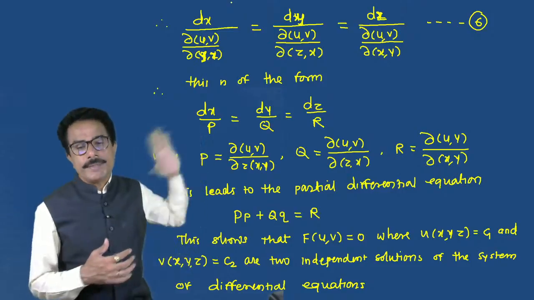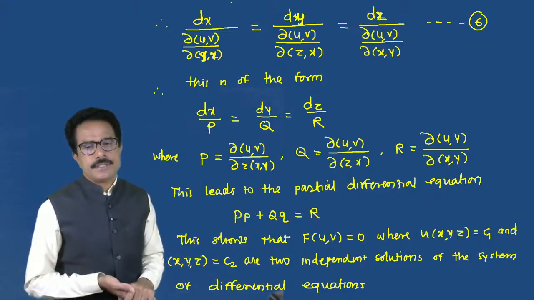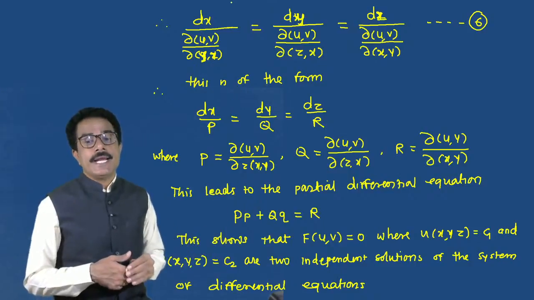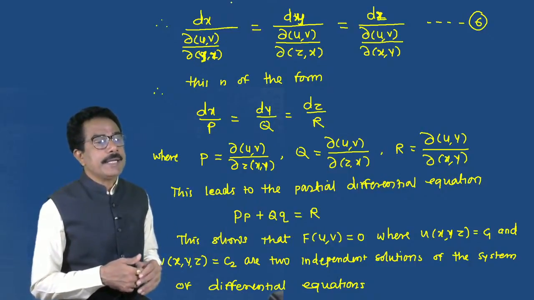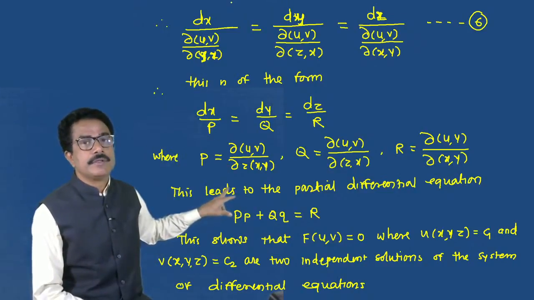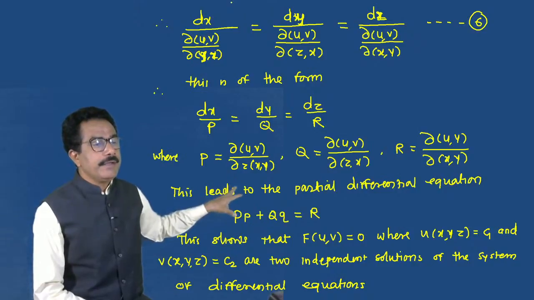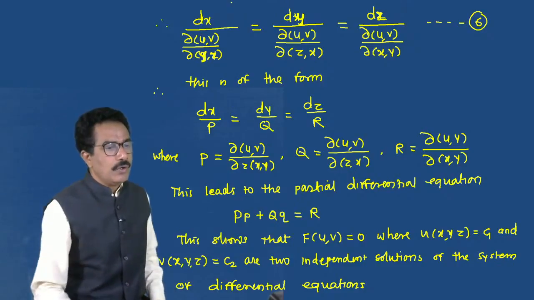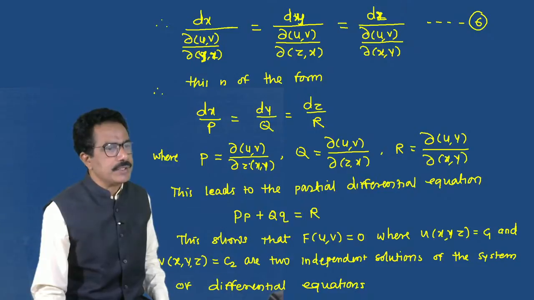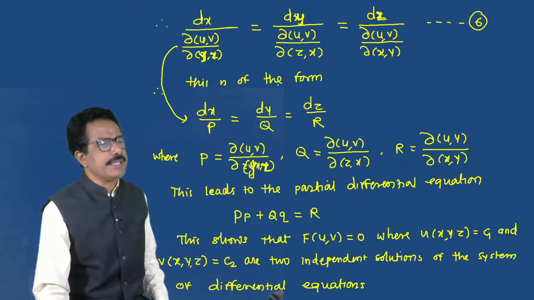This is called the Jacobi's notation, and according to it, we can write capital P, capital Q, capital R in the notation form. P equals ∂(u,v) upon ∂(y,z). Suppose we consider these notations in this form.